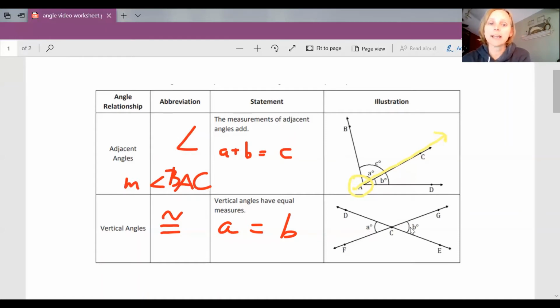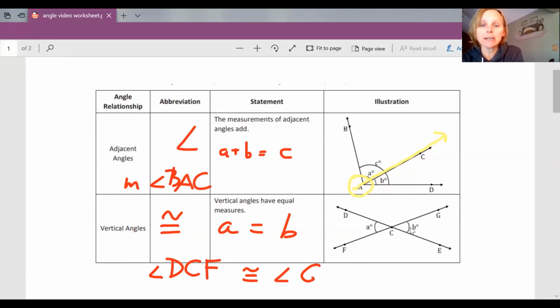So I could say, if I wanted to write this in a geometric fashion, instead of calling this angle A, I could say angle DCF is congruent to angle GCE. Okay, so that is all there is to know about vertical angles.